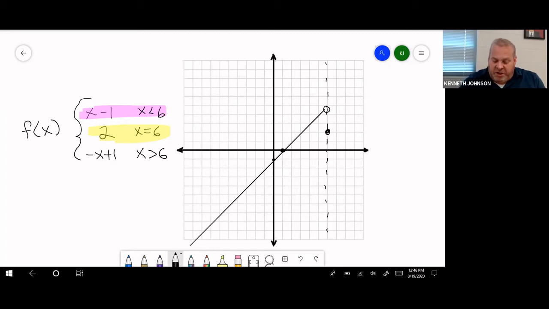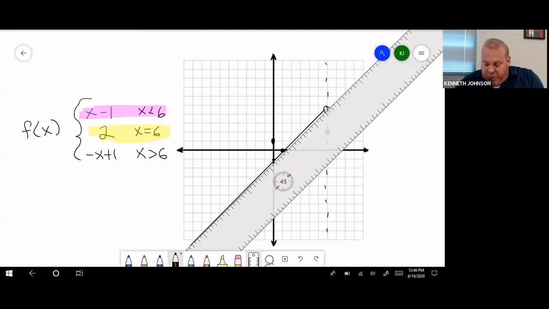The third function says that when x is greater than 6, I want you to use -x plus 1. All right, so I got to graph that. Well, if I use just slope-intercept form, I've got +1 right there for my intercept, and down 1 over 1.